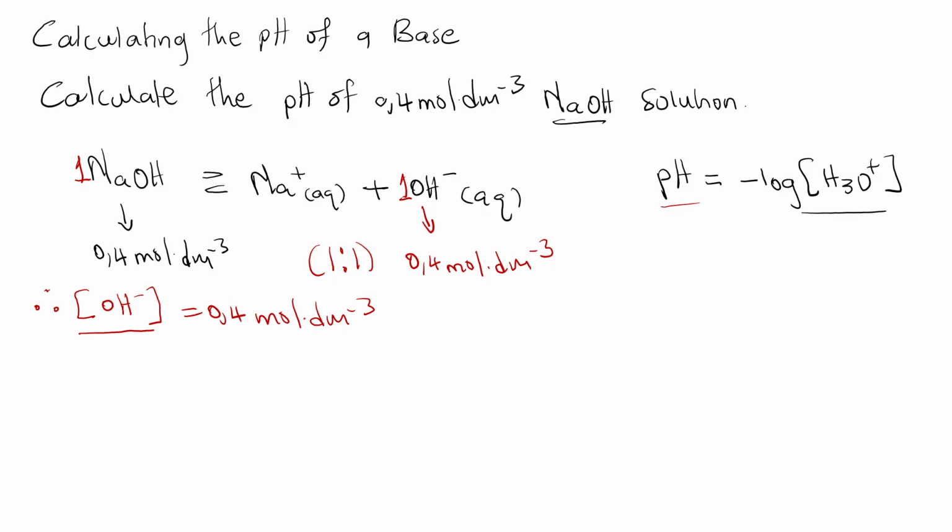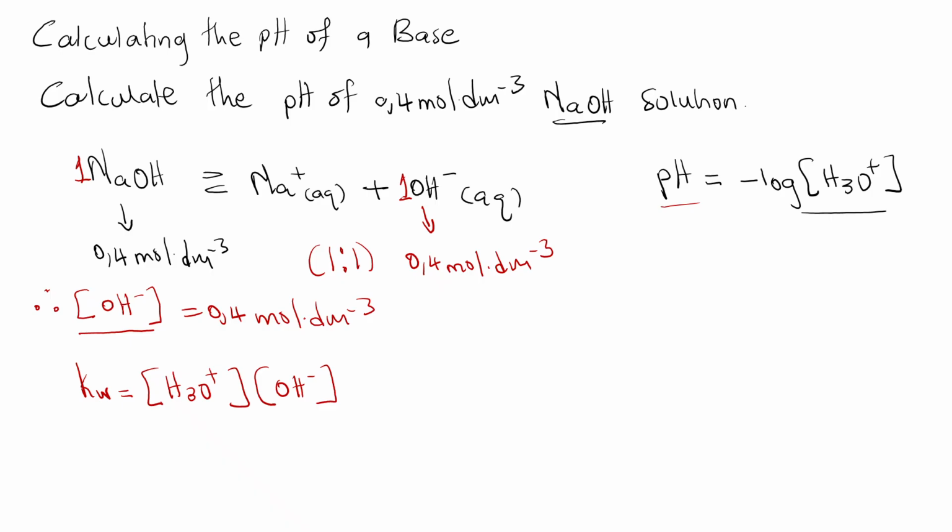If you still remember the formula for the KW, it equals the concentration of H3O plus multiplied by the concentration of OH minus.